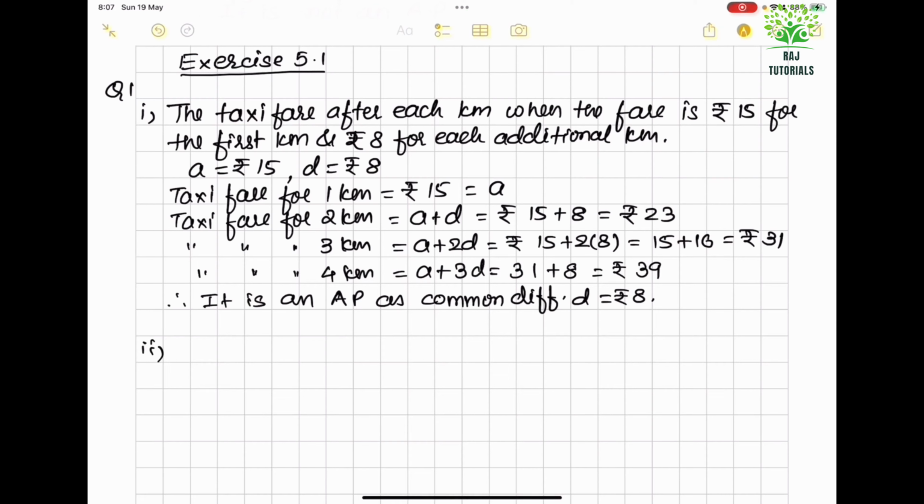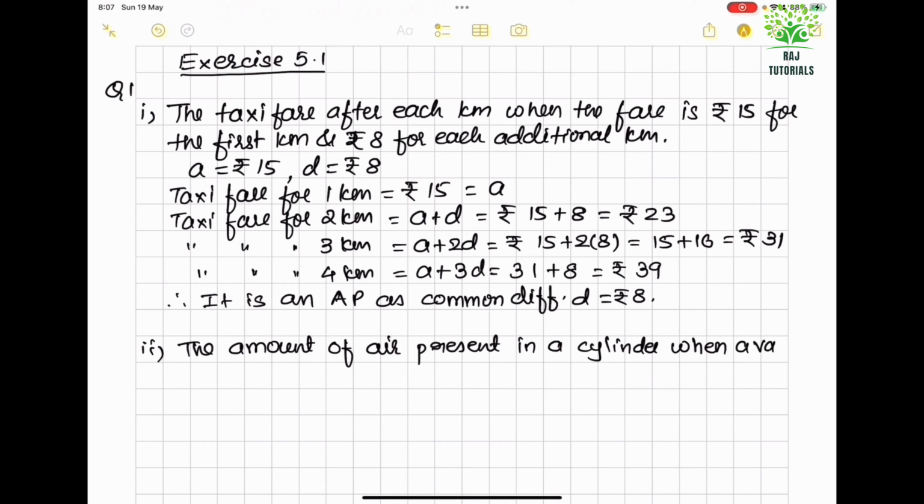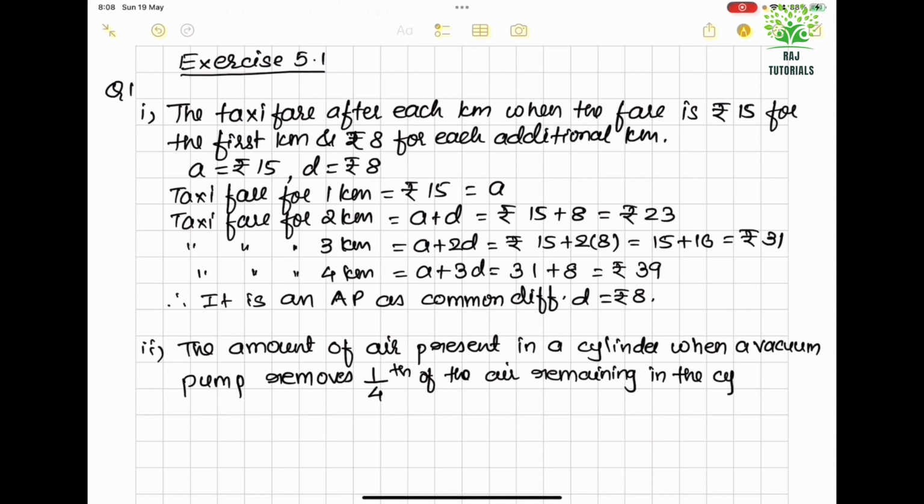Then the second one. He is saying the amount of air present in a cylinder when a vacuum pump removes 1/4 of the air remaining in the cylinder at a time.